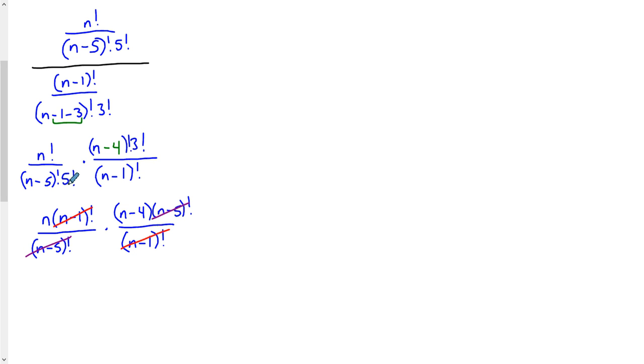Now we can't forget about the 5 factorial and the 3 factorial. But once again, we're going to start with our bigger number. 5 is bigger. 5 times 4 times 3. We could continue 3, 2, 1, but 3 factorial is all that we're going to have to go down to, because a 3 factorial and a 3 factorial cancel off.